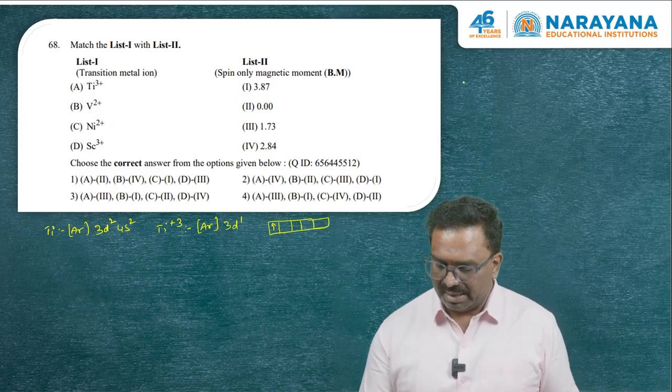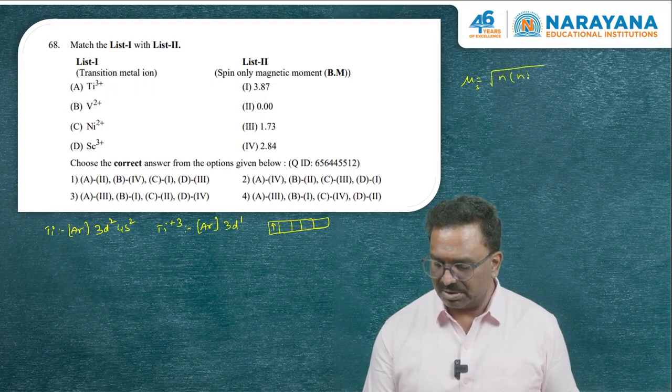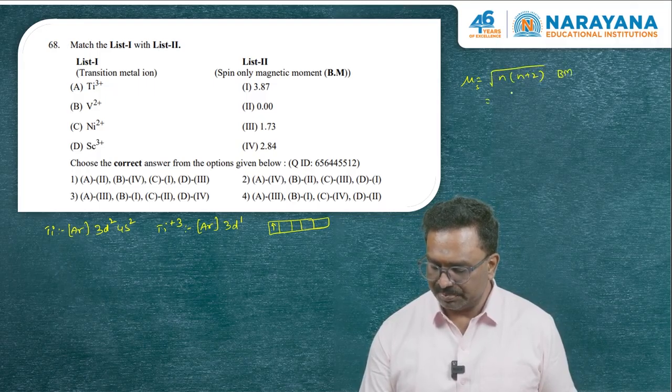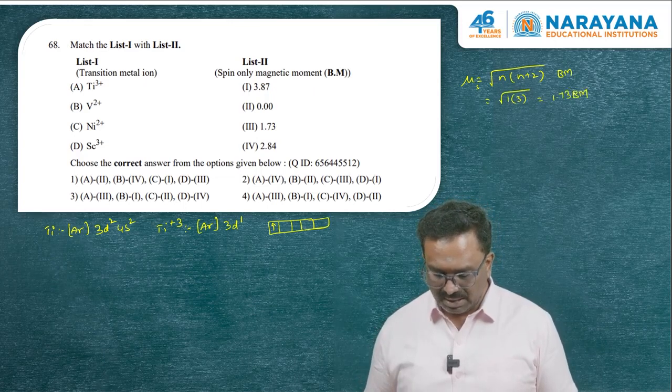The number of unpaired electrons gives us the spin only magnetic moment, which is root over n into n plus 2 Bohr magneton. Here this is 1 into 3, root 3, value 1.73 Bohr magneton for Ti+3.